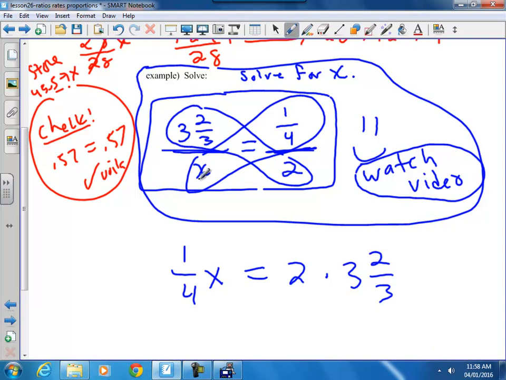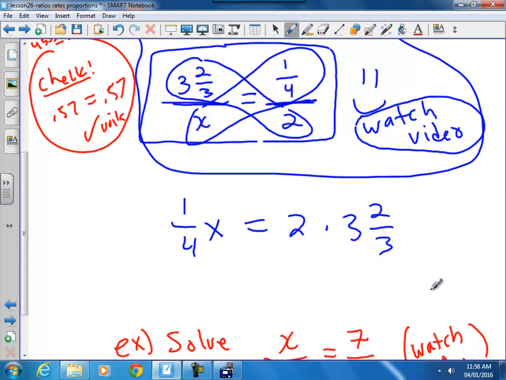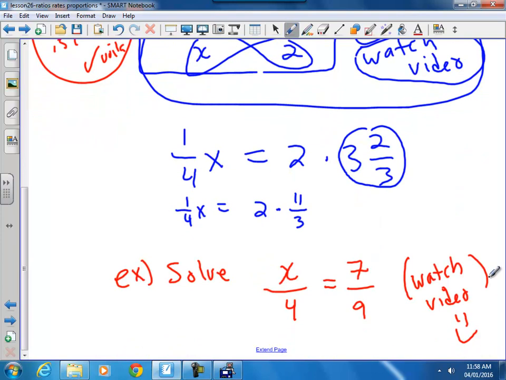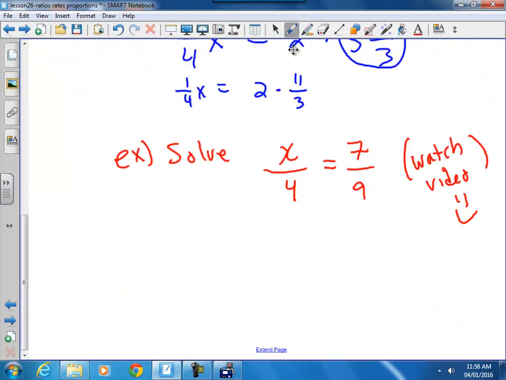So 1/4 times x is 1/4 x, and now we have 1/4 x equals 3 and 2/3, which is a mixed number. You're going to want to change that to improper, so that'll be 11/3.